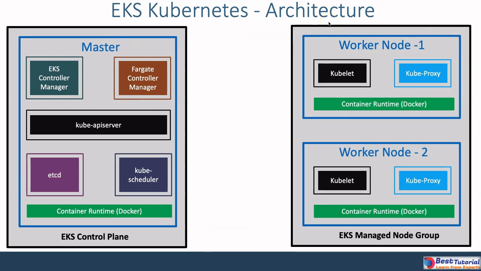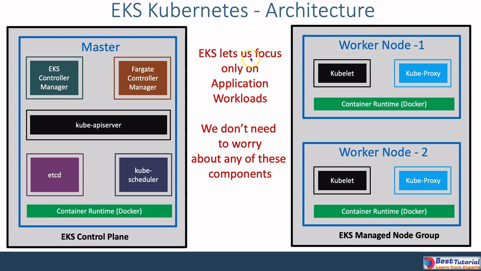What happens in EKS is that EKS lets us focus only on our application workloads. We don't need to worry about any of these components, whether it is etcd high availability, the kube scheduler pod, or the kube API server pod. Everything present in these blue boxes is not our job.